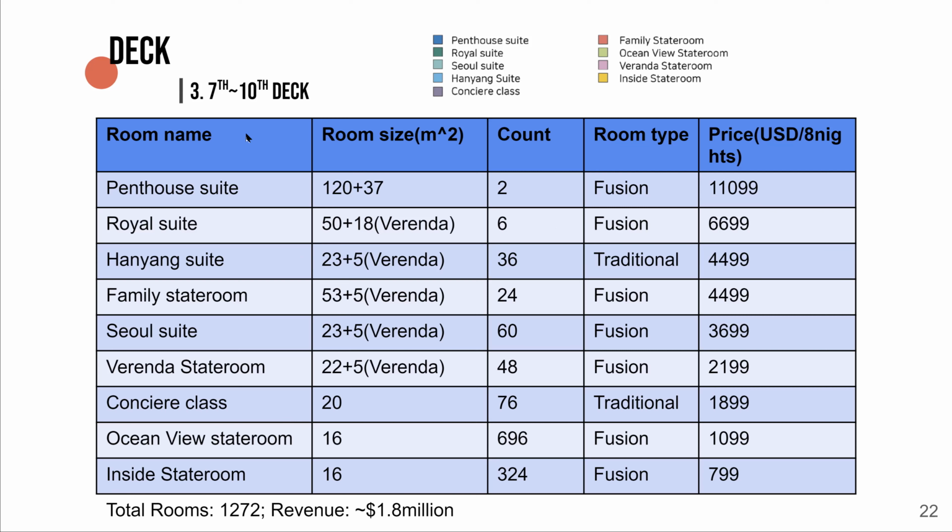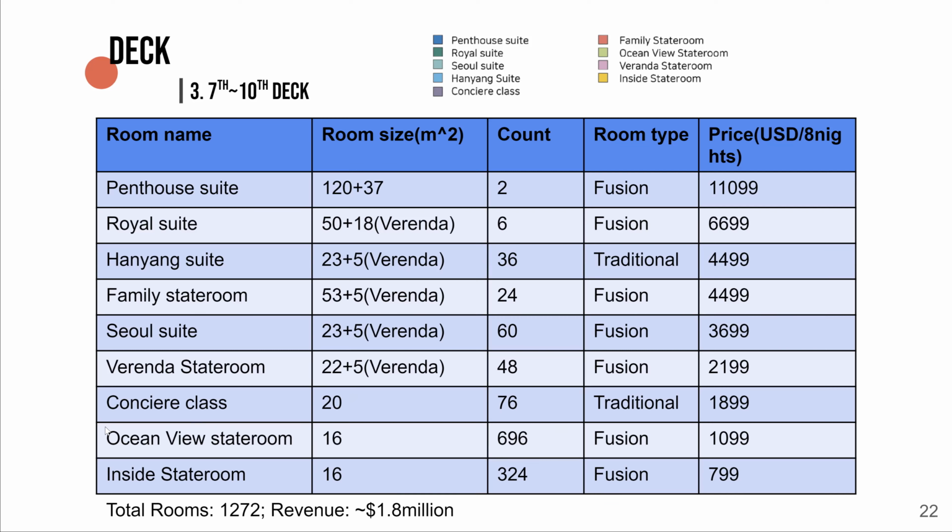And as you can see, the penthouse suite is the largest, and they are also quite large, and they have verandas with them. And these are the regular rooms with a size of 16 square meters, still plenty big for a regular size room.